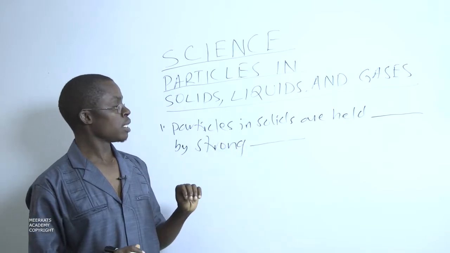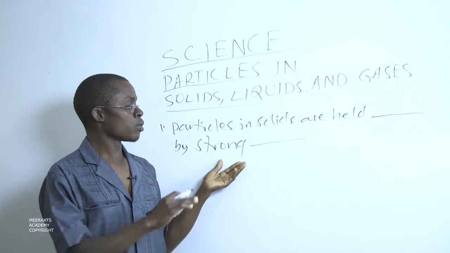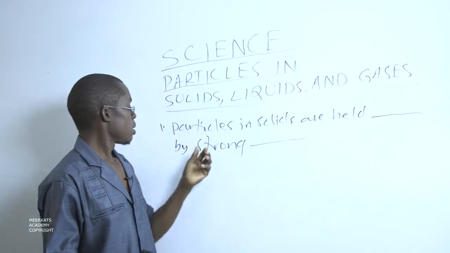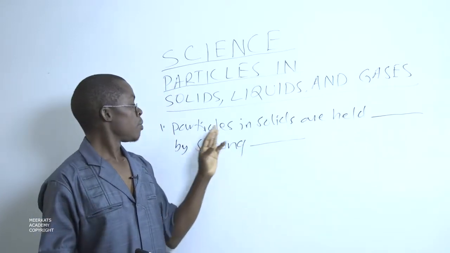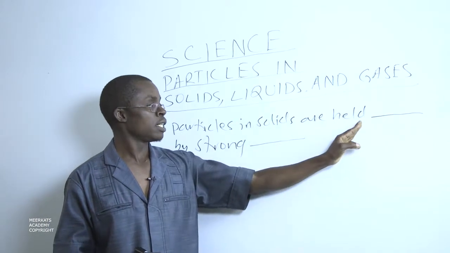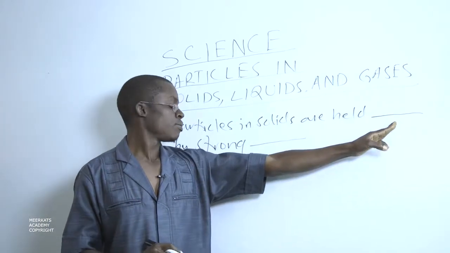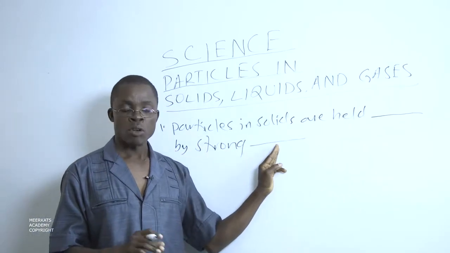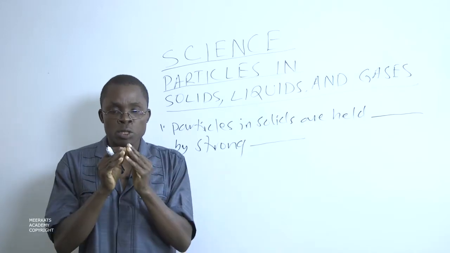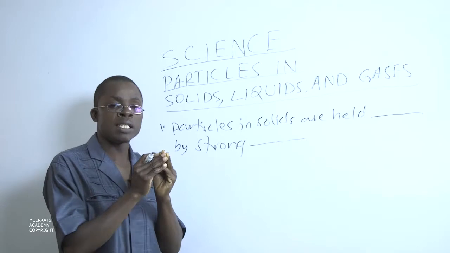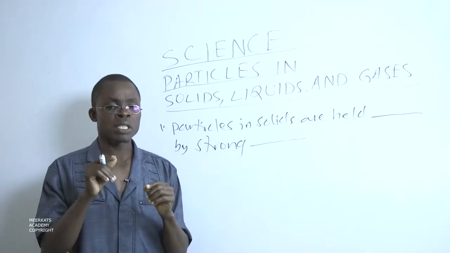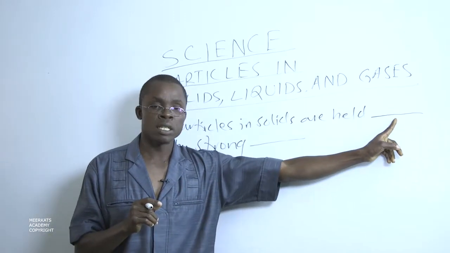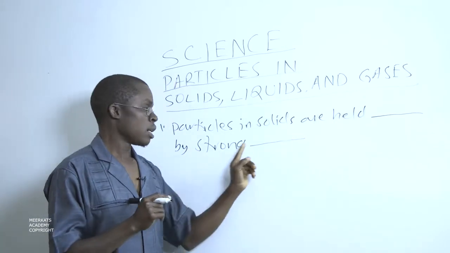I will give this one as an example, to show you what you will do for the preceding one. Particles in solids are held dash by strong dash. Particles in solids are held tightly by strong forces. You remember in the diagram, the particles were close together. Why? Because they were held tightly by something. What is that something? The something is a force. So they are held tightly by that force.